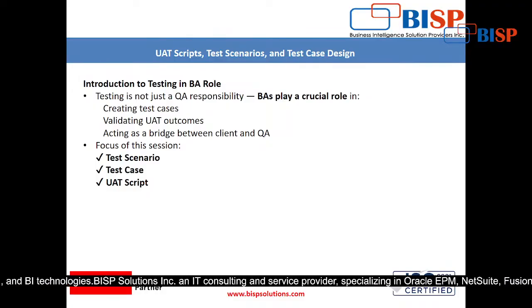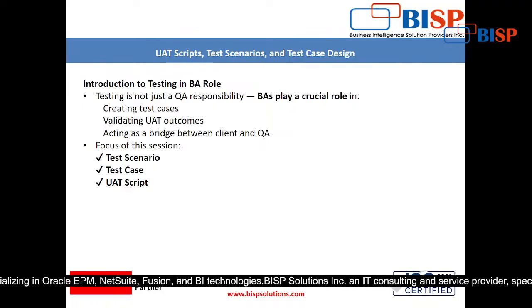First we will note down on paper what the test scenarios are, that means in which scenarios we are going to conduct the test. Then we will take the test cases, and then we will write the UAT script.